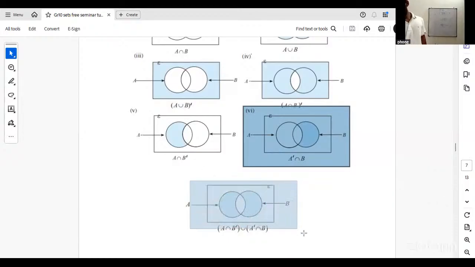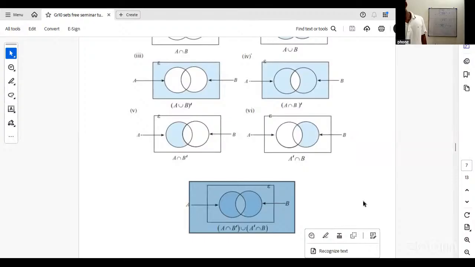The last one is A dash intersecting B. Right.